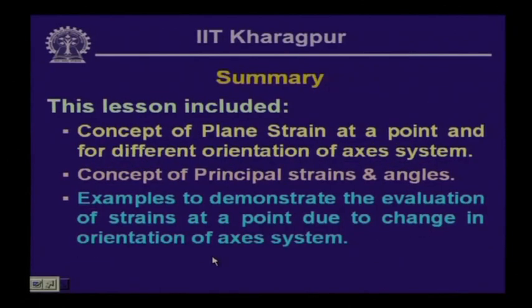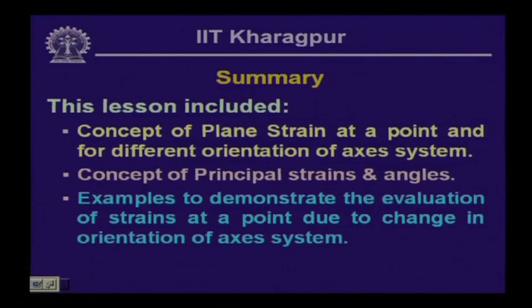Well, to summarize, this particular lesson included the concept of plane strain at a point for different orientation of axis system. As I said, with reference to rectangular axis system, we have for plane strain 3 different strains as epsilon x, epsilon y, and gamma x y.